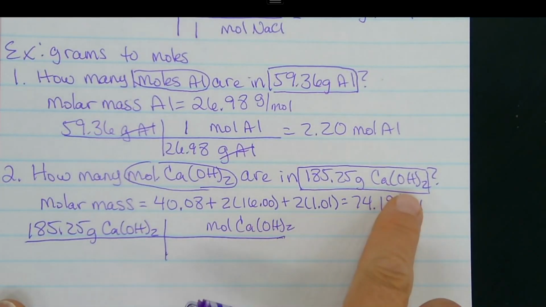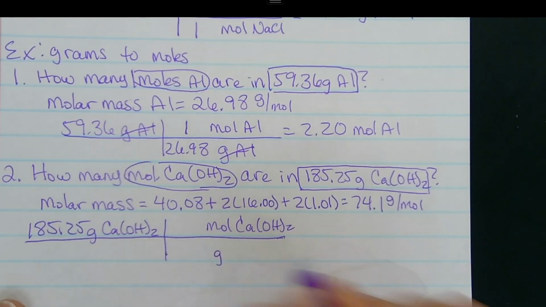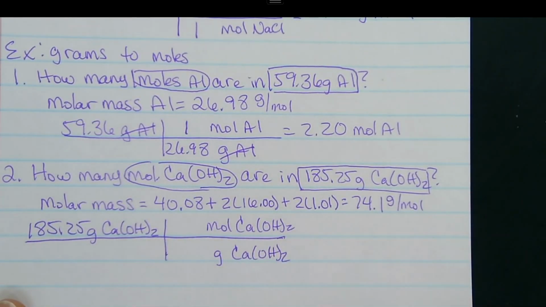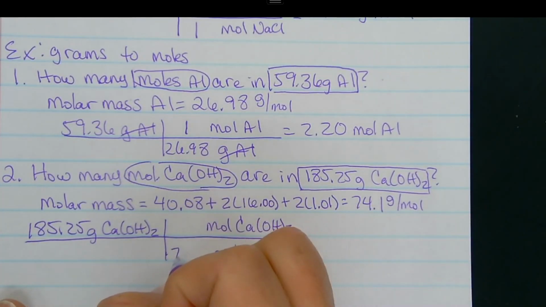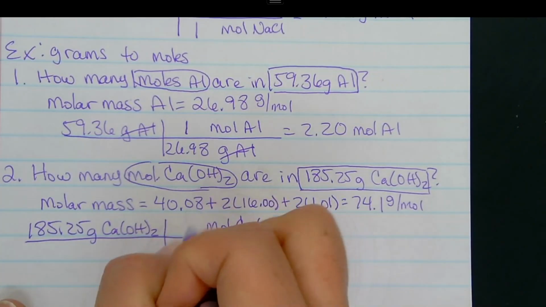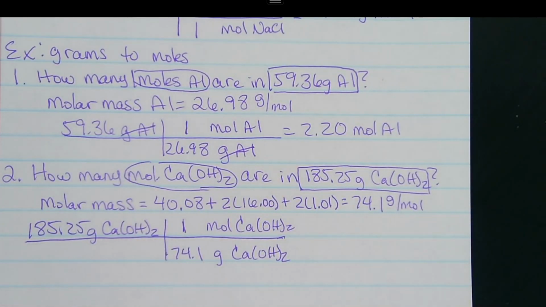The units of what I boxed, what I was given, go on the bottom, so grams calcium hydroxide. Then I'm going to add my numbers. Remember, 74.1 will always go with the grams because it's 74.1 grams in 1 mole of calcium hydroxide.